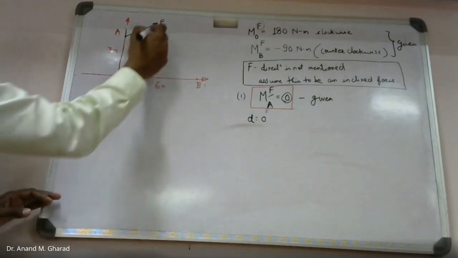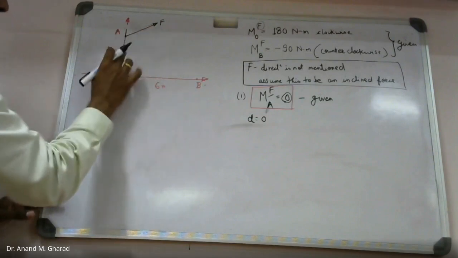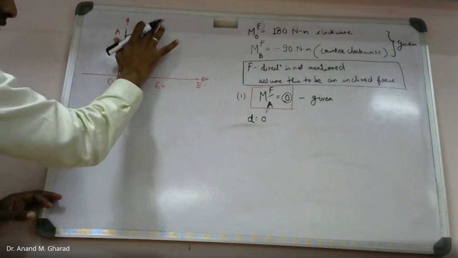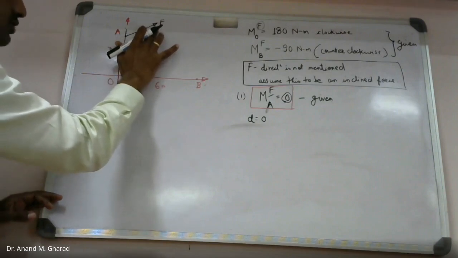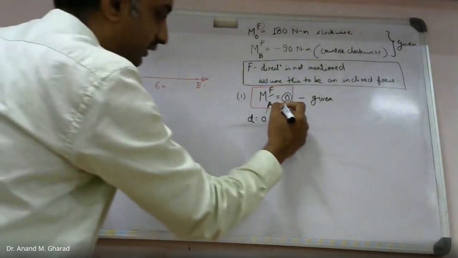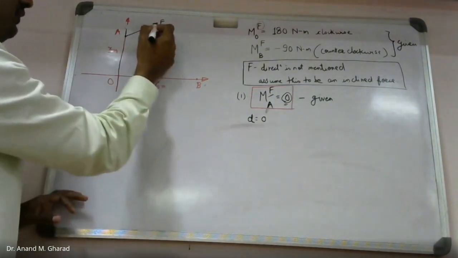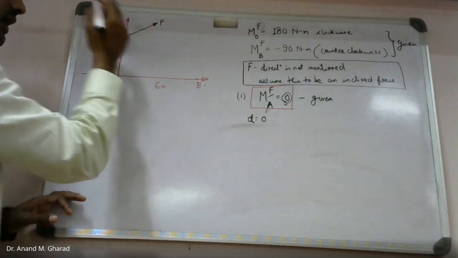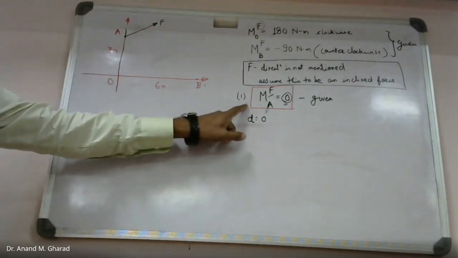I am assuming this force to be an inclined force, acting like this somehow. This is not the final output, this is what I am assuming. But while assuming, I am making sure that this condition is satisfied. I have passed the line of action of this force through point A, and therefore my condition is satisfied.